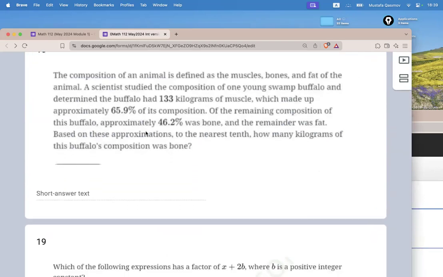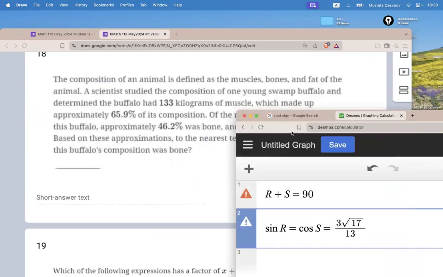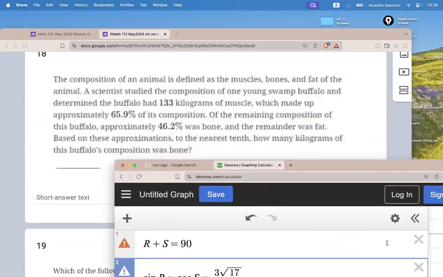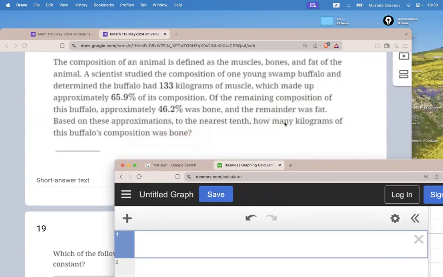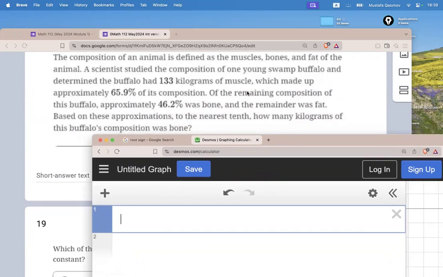Tamam. 18. For 18, it says the composition of animals is defined as the muscle, bones, and fat. A scientist studied the composition of one young swamp buffalo and determined the buffalo had 133 kilograms, which is equal to 65.9% of its composition.